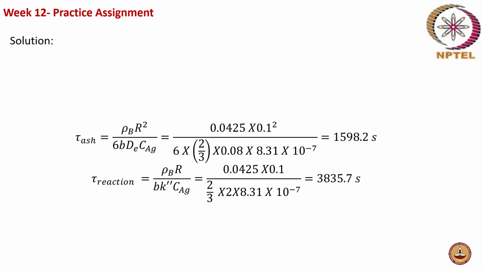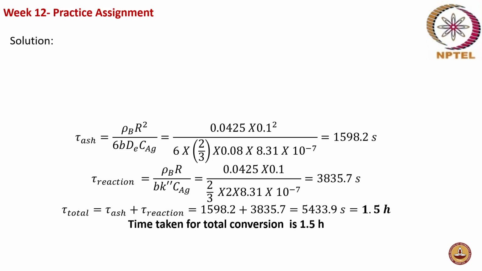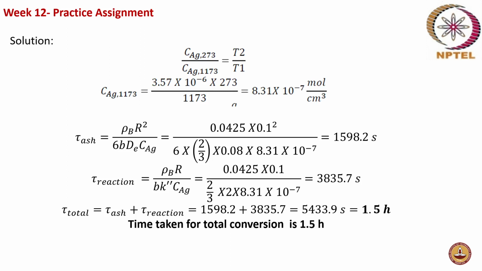The tau of reaction is rho B into R by B into K double prime into C_AG. We also have all the values, so we will end up with 3835.7 seconds.